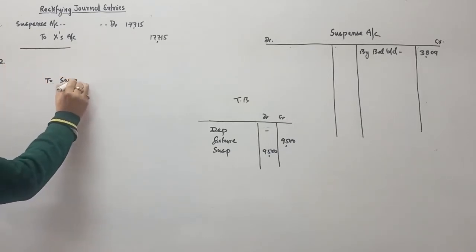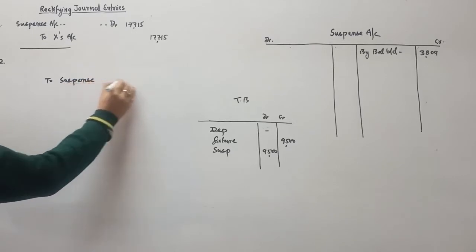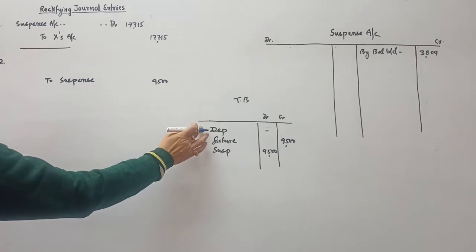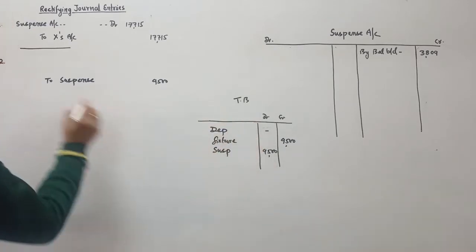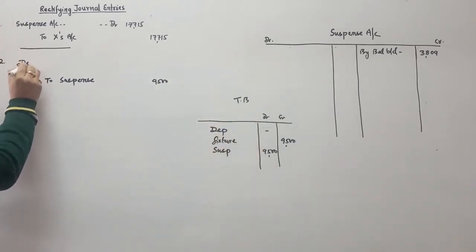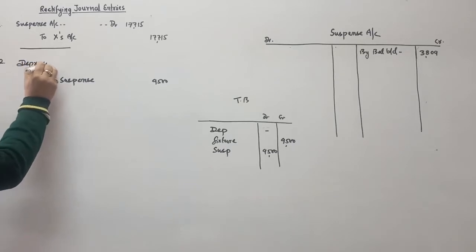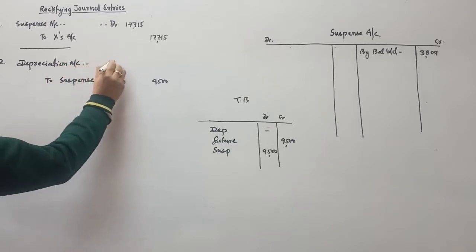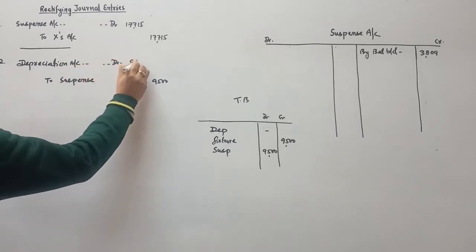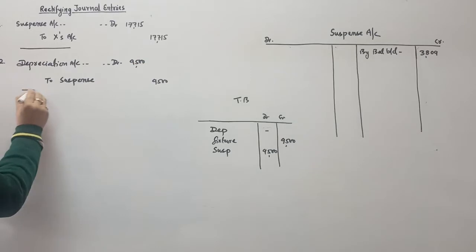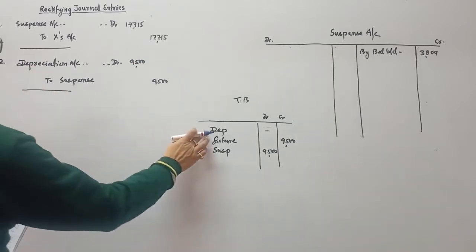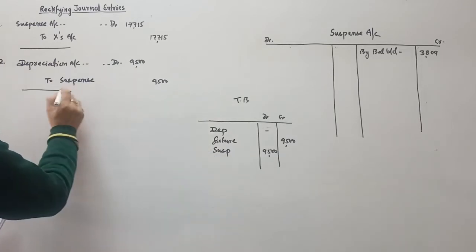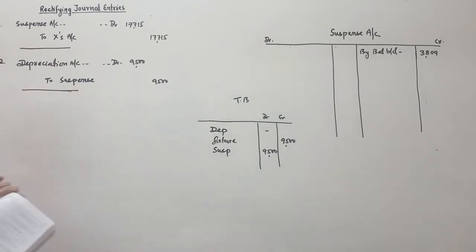The suspense account will be credited while rectifying the entry, 9,500, and since we have not posted in the ledger of depreciation, we have to debit the depreciation account by 9,500, and suspense we have to cancel, 9,500.